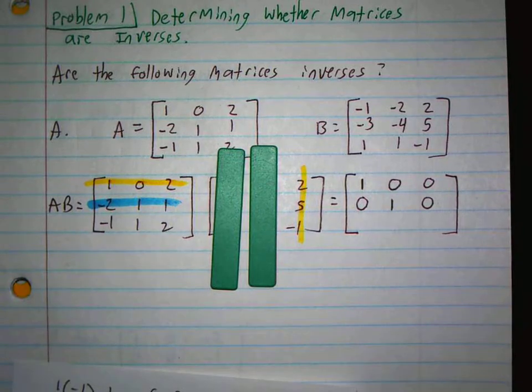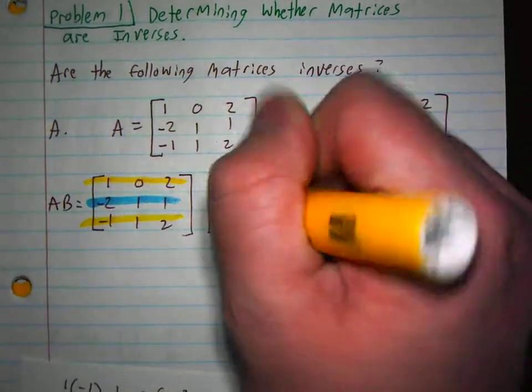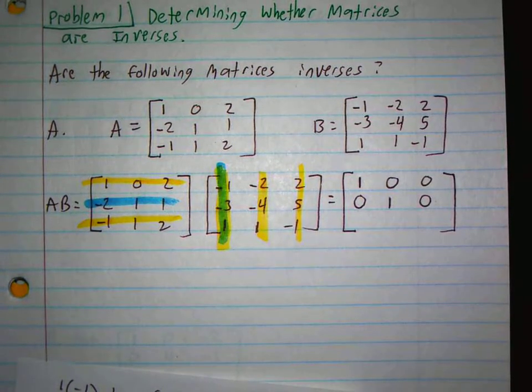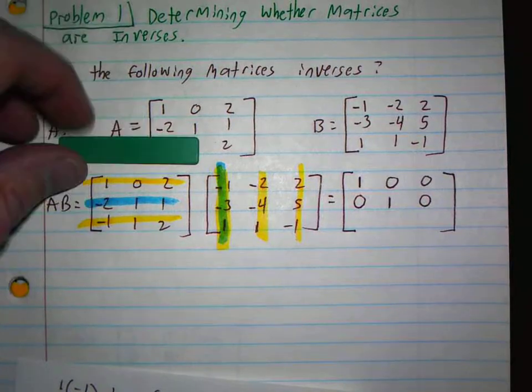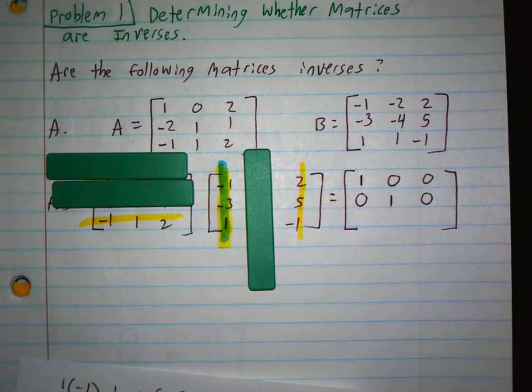And now, I go to my third row, and I take it times my first column. So I'm taking this row times that column.